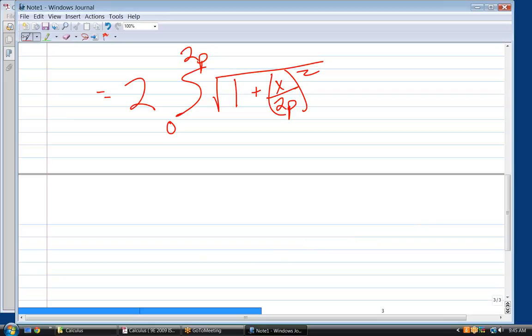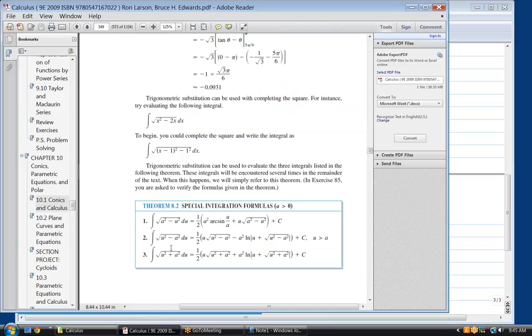All right, so let's see. The next step they do. And remember our goal. Our goal is if we can get an integral to look like one of these three integrals down here, we know what its result is.